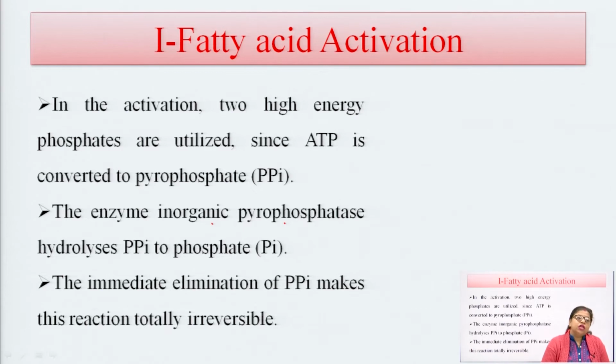The elimination of pyrophosphate makes this reaction totally irreversible, because once pyrophosphate is removed, it does not combine with the reaction again.